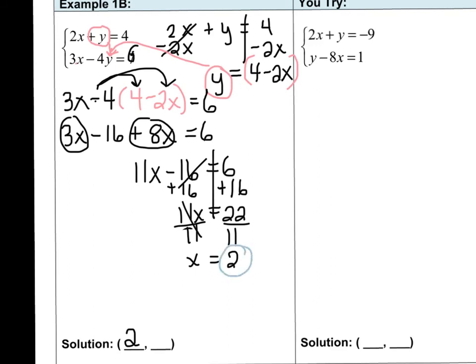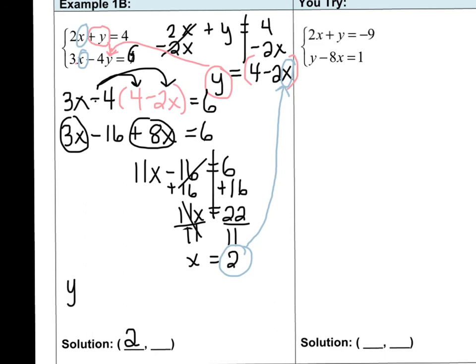Now we just need to solve for y. So we can take this x and we can plug it into any of the x's up above here. We can plug it into this one, or this one. Any one of those is acceptable. And since we're solving for y, I'm going to go ahead and choose to plug it into this one because this equation is already solved for y, and that'll be the least amount of work.